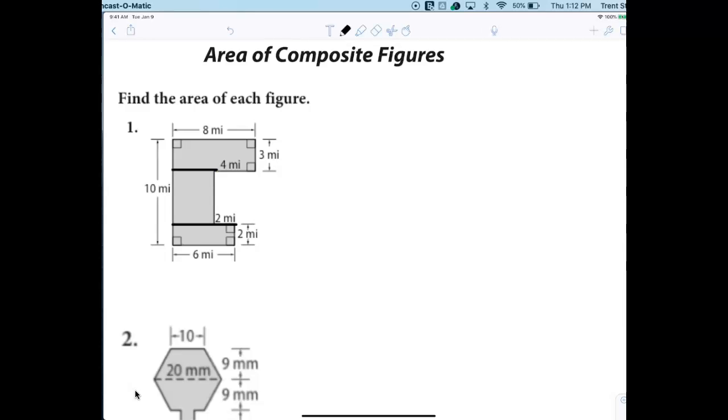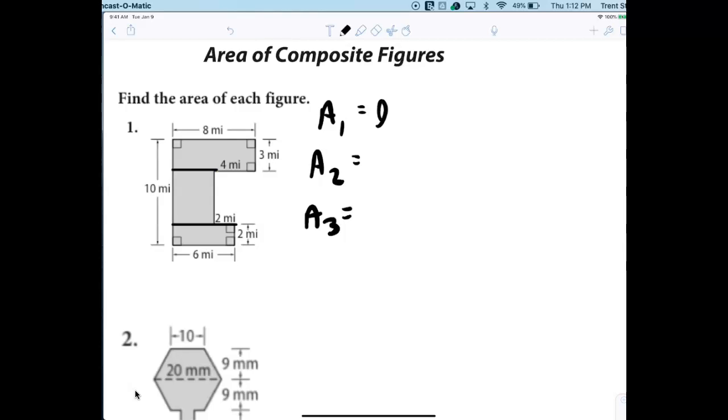Now please follow along with me. I have right here the area of the first region, then the area of the second region, and then the area of the third region. In this case, they are all 3 rectangles.